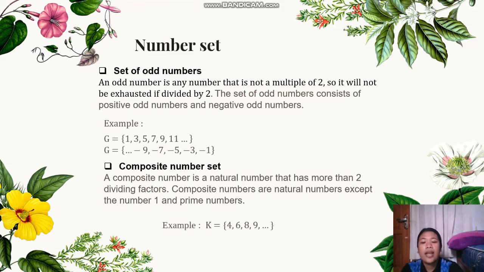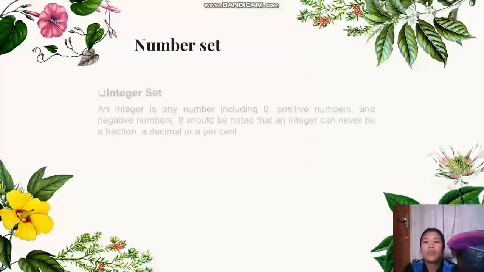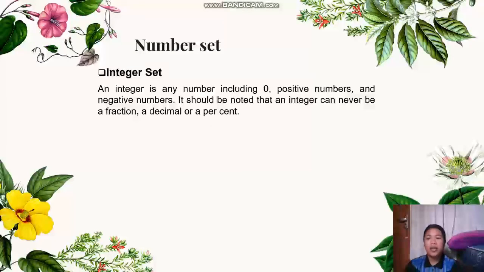Okay, next, the integer set. An integer is any number including 0, positive numbers, and negative numbers. It should be noted that an integer can never be a fraction, a decimal, or a percent.